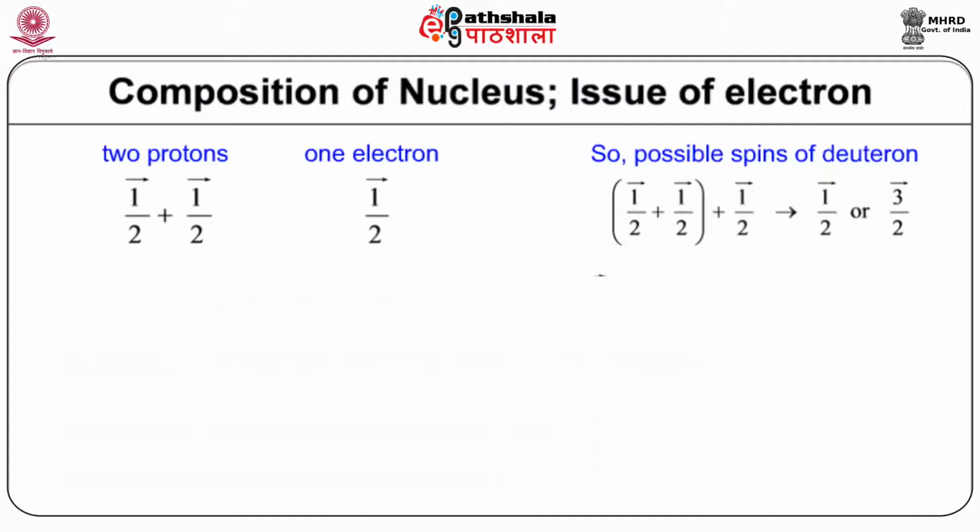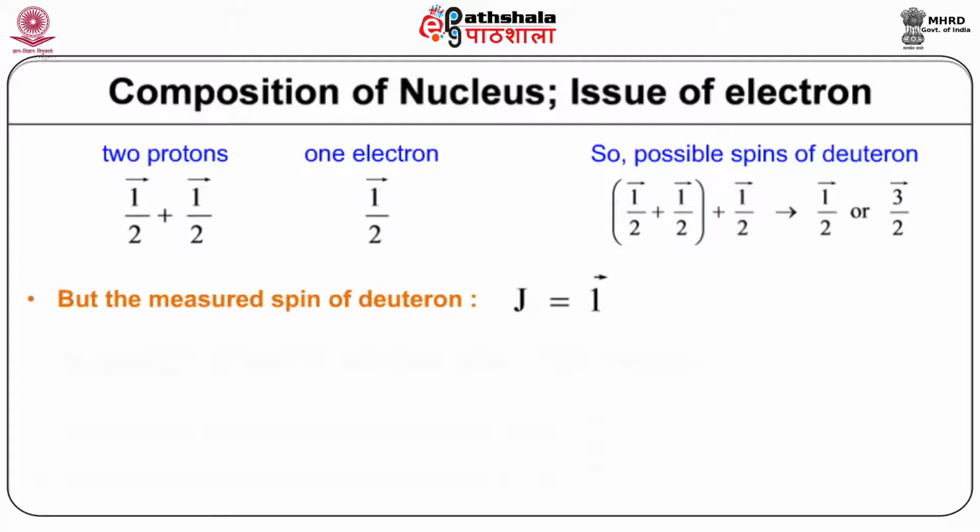3 by 2 is if we consider that the two protons are parallel to each other, in different states, so the total spin is equal to 1, and then plus 1 by 2 gives 3 by 2 spin. But the measured spin of deuterium is 1 h bar.